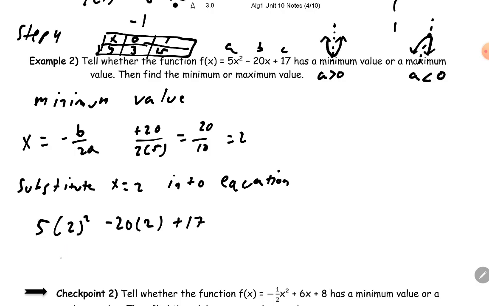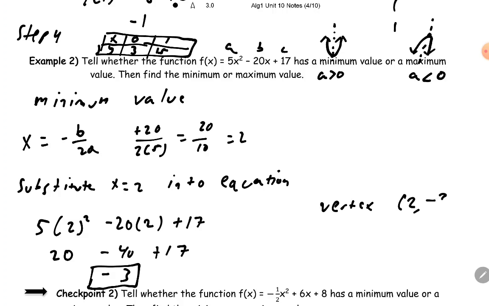So 2 times 2 is 4, times 5 is 20, minus 40 plus 17. So we'll get negative 3. So my answer, this is my value, is negative 3. If we were looking for the vertex, it would be 2 comma negative 3.